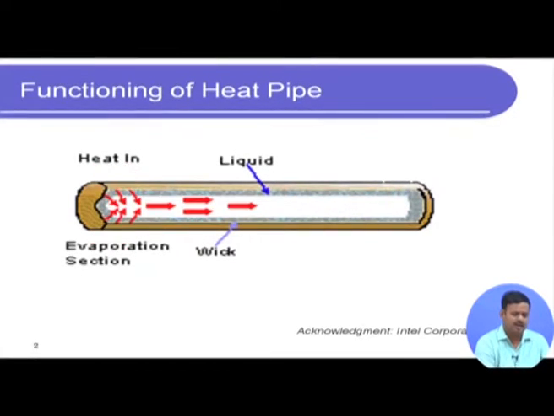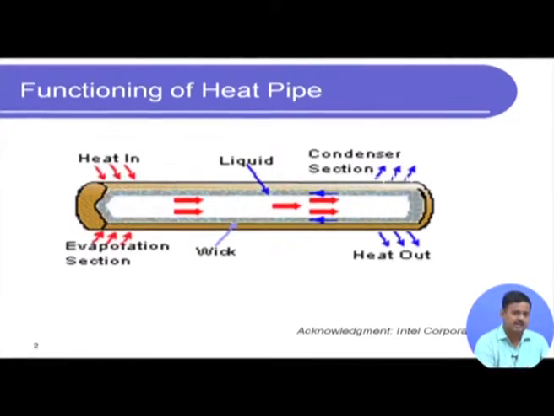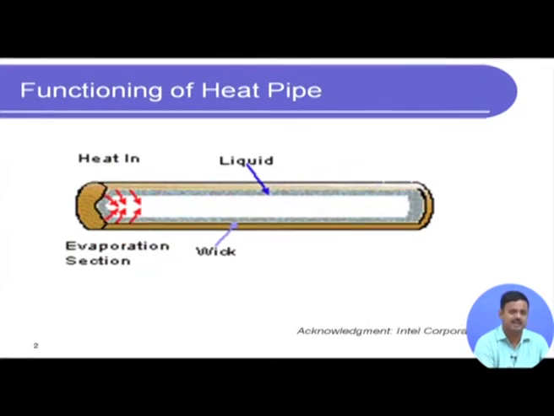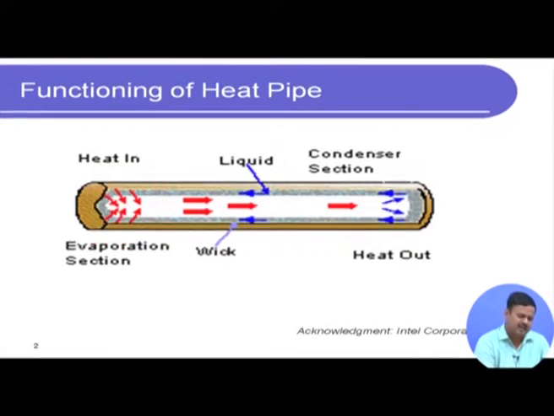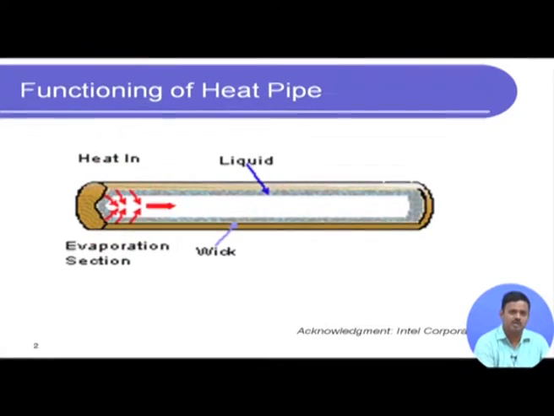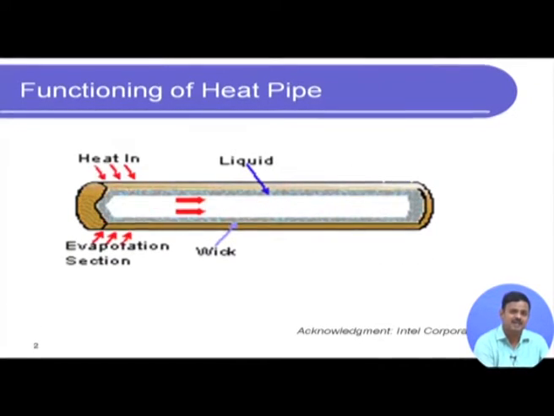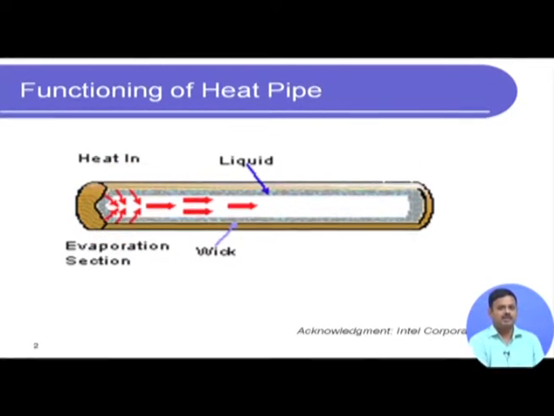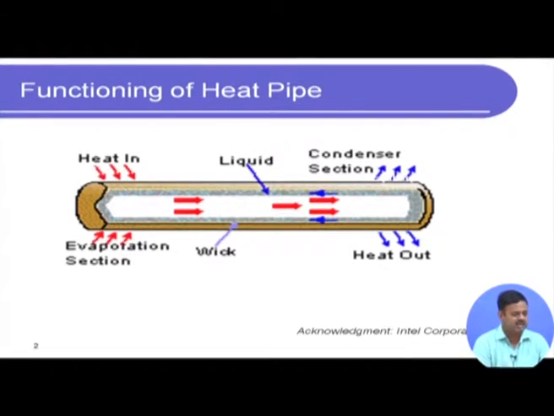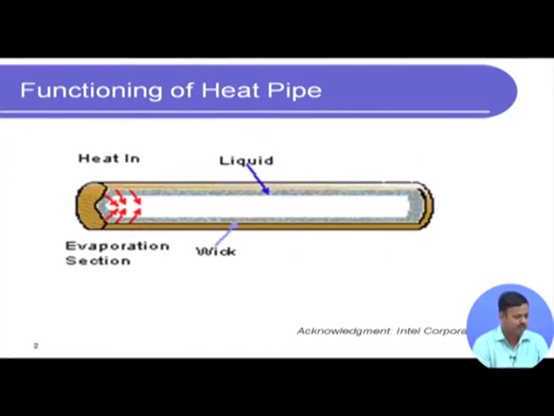Now, coming back to the construction, the third thing inside a heat pipe is a few drops of liquid. Let's assume it to be water for now, because that is the one most commonly used. It is a few drops of water inside at a subambient, very low pressure. So, to repeat, the whole heat pipe is a hollow pipe made of, let us say, a material like copper.